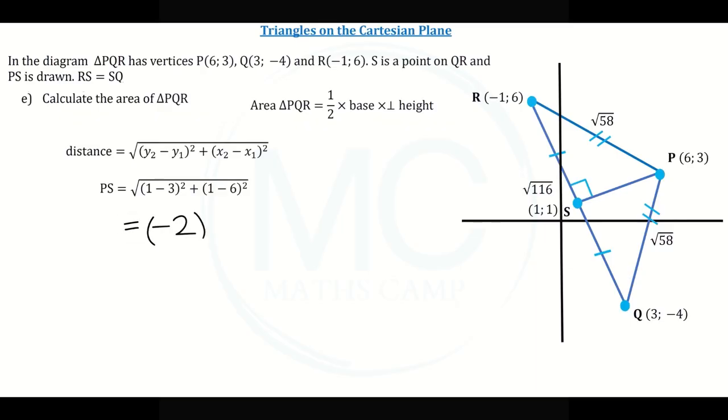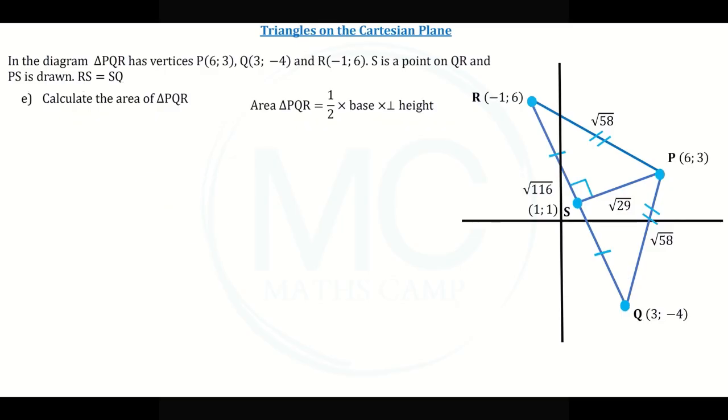Put this into a bracket, squared, plus 1 minus 6 is negative 5. Put this into a bracket, squared as well. We put everything under a root. Negative 2 squared gives us 4, plus negative 5 squared is 25 under a square root. 4 plus 25 gives us 29 under a square root. We can make a note of this on our diagram as well.